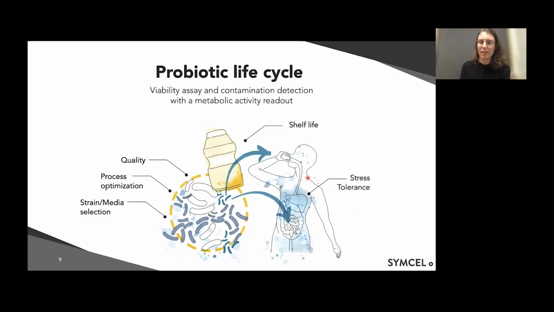And the thing is that in the end, you want a probiotic product that has as many viable cells as possible, and also actively viable cells. The problem right now is that we lack methods that can actually measure viability in a fast and easy way. And isothermal calorimetry is a method that can, in a simple way, help you to do a viability assay, but also easily detect contaminations in your sample simply by a metabolic activity readout.